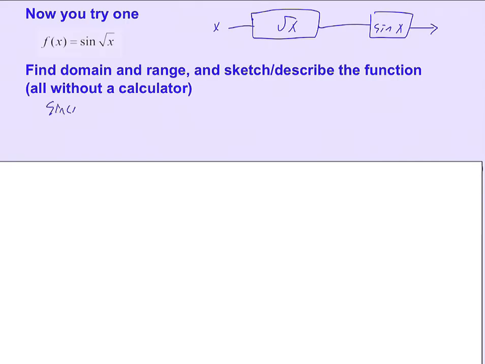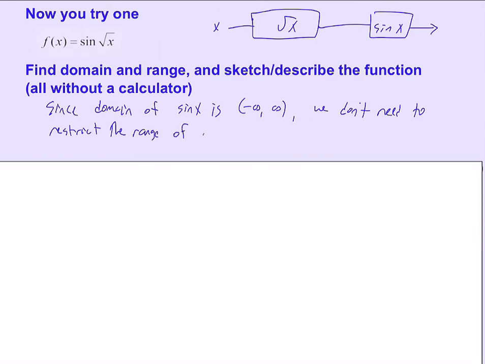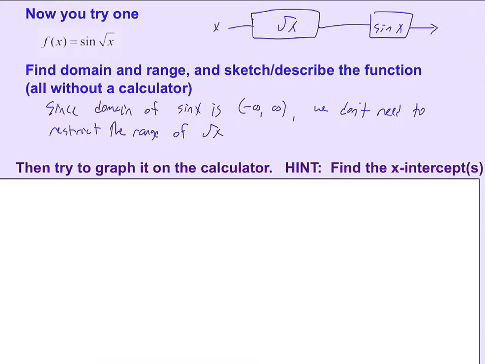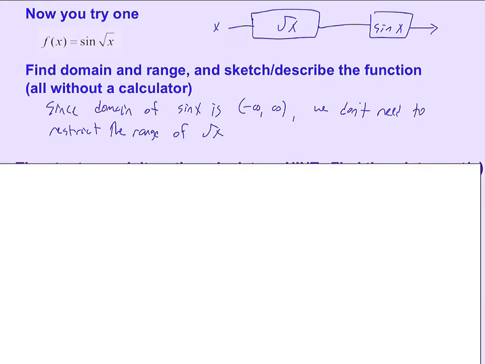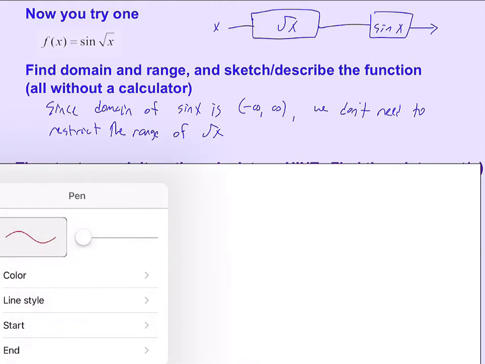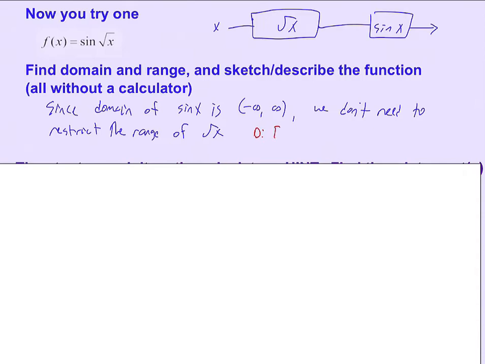So since the domain of the sine of x, our second function, is all real numbers, we don't need to restrict the range of the square root of x, which means we only have to worry about what we normally can put into square root of x, which is, like we mentioned earlier, anything from 0 to infinity.